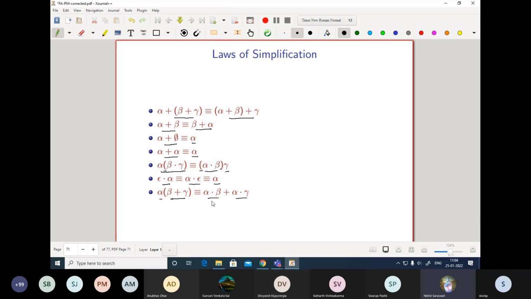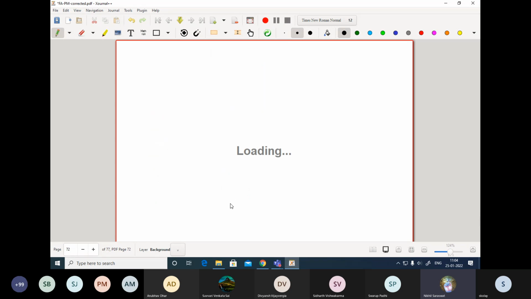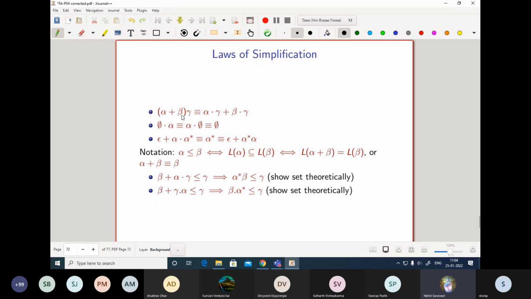So check the distributive law over the binary operations on the sets that match the left hand side pattern and the right hand side pattern. Okay, few more. Alpha plus beta, concatenated with gamma, is equal to alpha concatenated with gamma plus beta concatenated with gamma. Again, distributive law over the corresponding set operations.